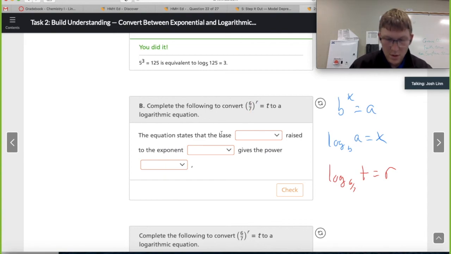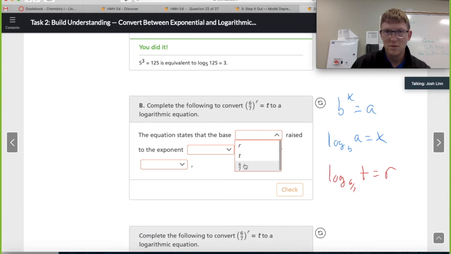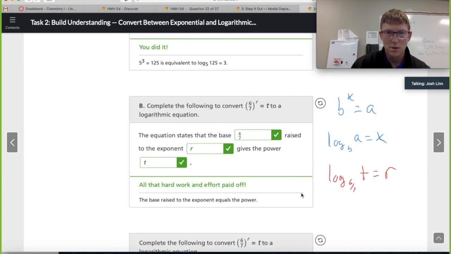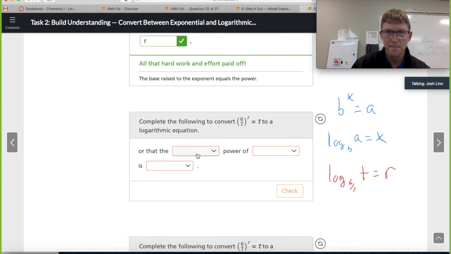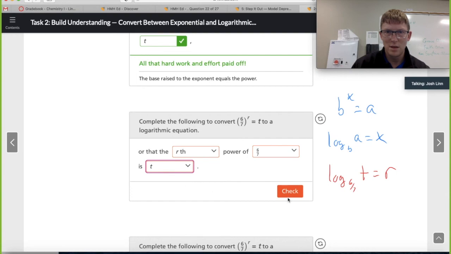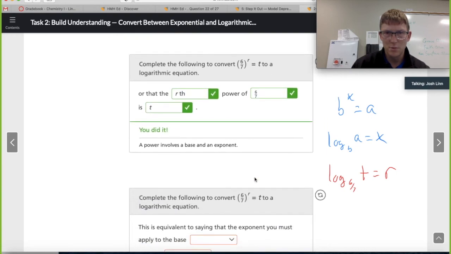There it goes. So the equation states that the base 6/7 raised to the exponent r gives the power t. Okay, sure. Or that the rth power of 6/7 is t. Again, weird.